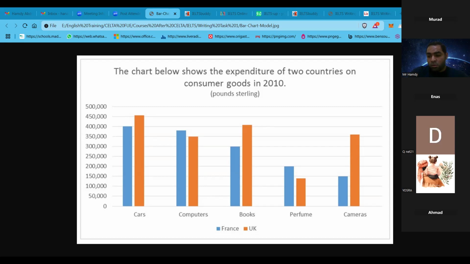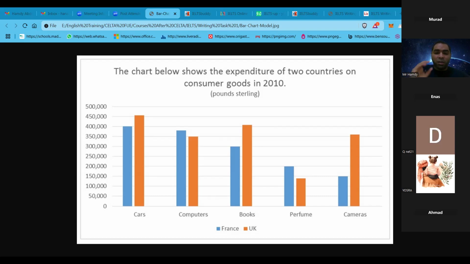Also, I noticed that people in any country are interested in almost three items: cars, books, cameras. But they preferred perfumes the least, with almost 150,000. Super, great, that's very good.